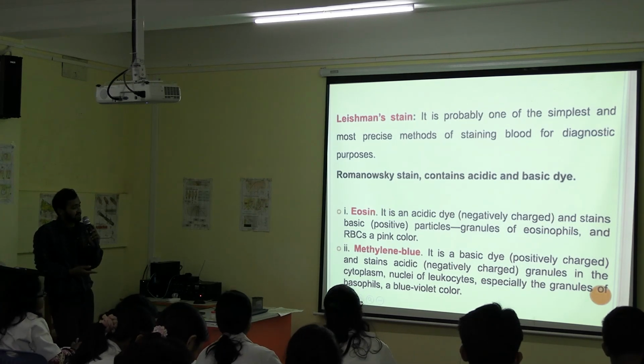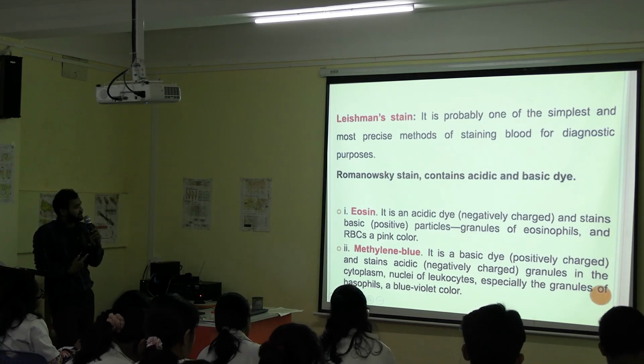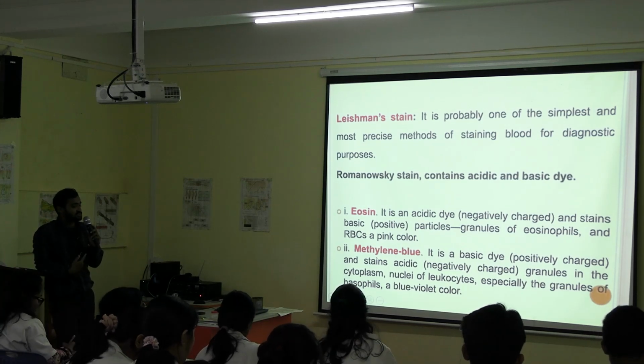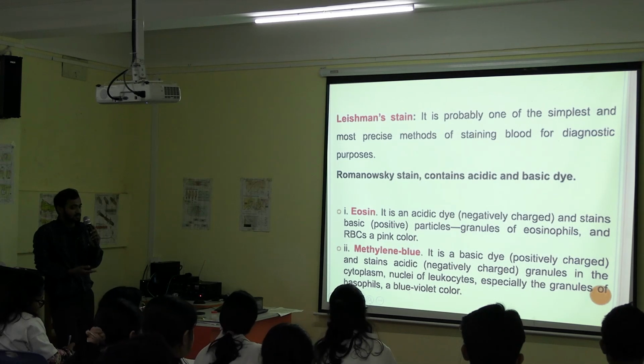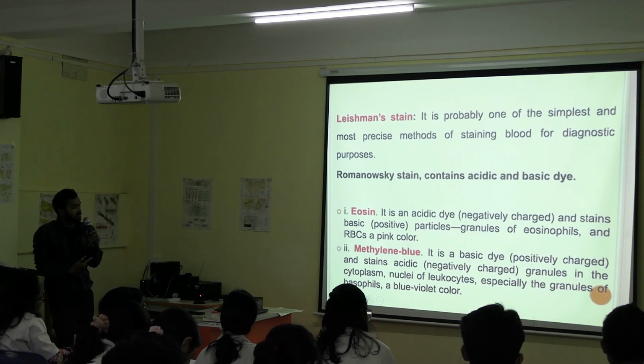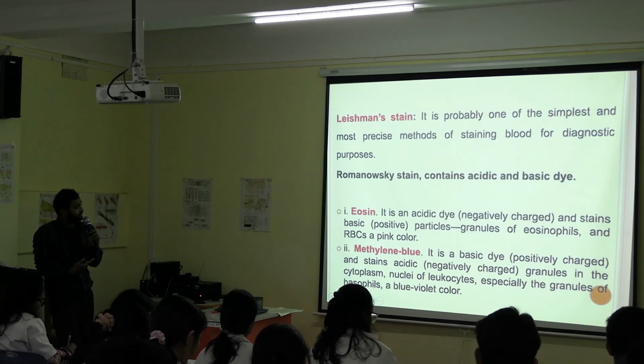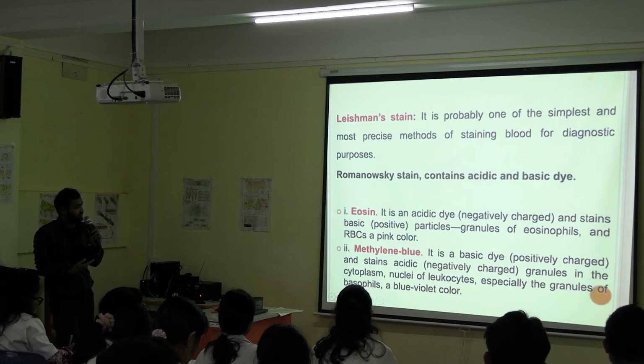So which is the acidic dye here? Eosin. What this acidic dye will be doing is, it will be staining the basic particles, like the granules of the eosinophil, the RBCs. And what is the basic dye here? Methylene blue.